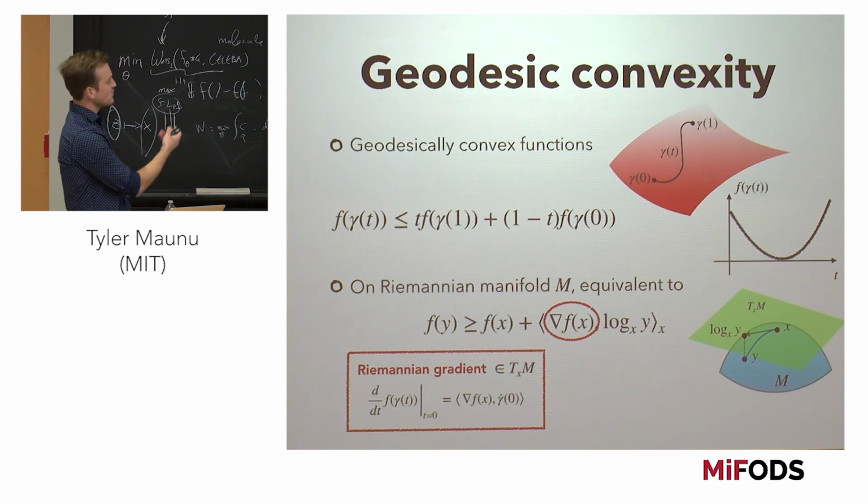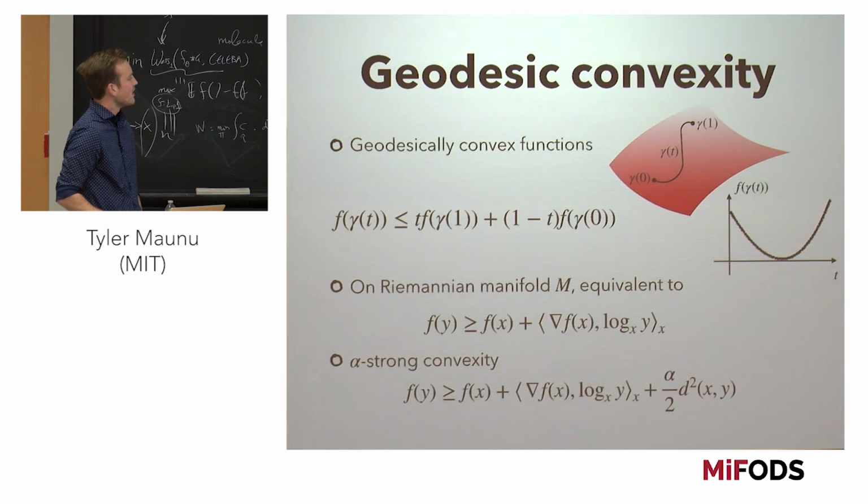Just know that this looks like the Euclidean form of the convexity assumption people normally make for a differentiable function. And then you can equivalently think about alpha strong convexity, where now you just add on alpha over 2 times the squared distance. So this is what I mean by a geodesically convex function, and this is what I mean by an alpha strongly geodesically convex function.